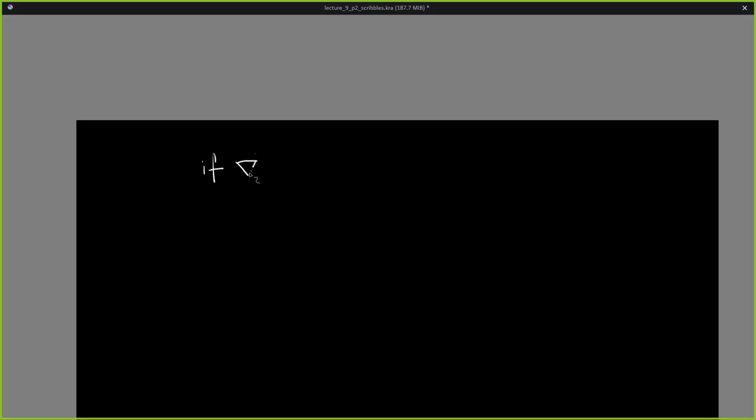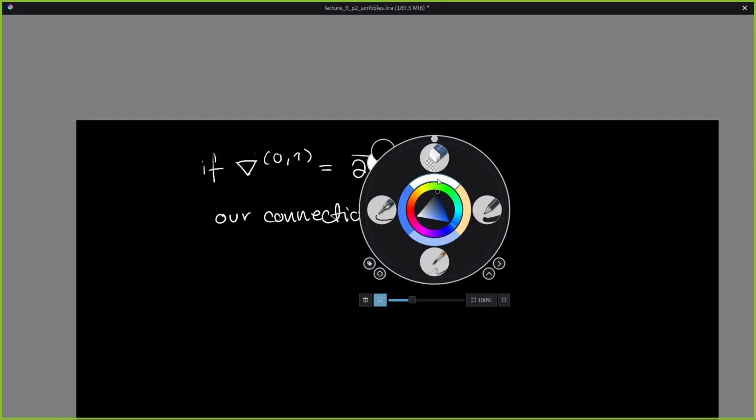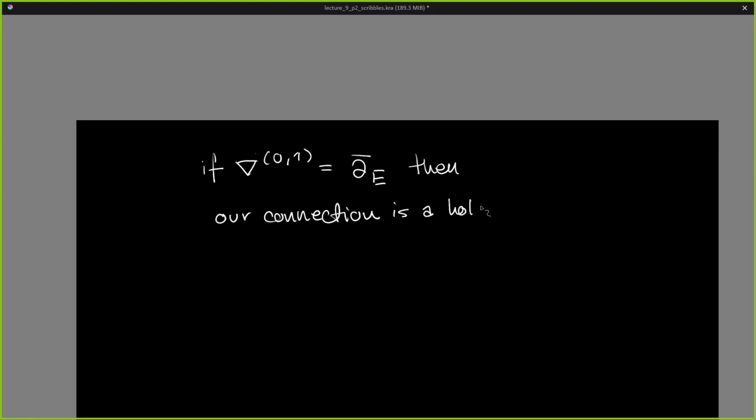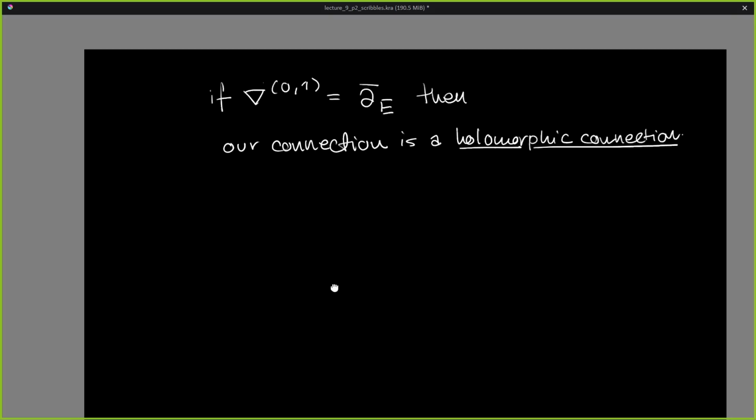So if nabla 0,1 is equal to partial bar E, then our connection is a holomorphic connection, and it respects the holomorphic structure on the vector bundle.